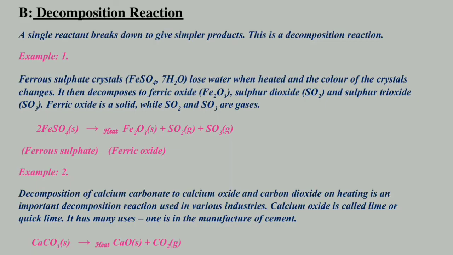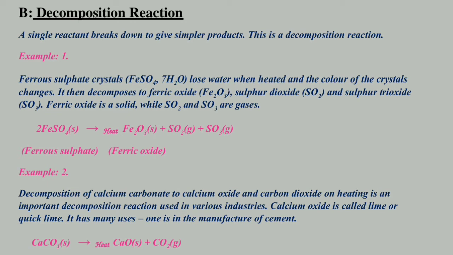Now the second reaction, decomposition of calcium carbonate to calcium oxide and carbon dioxide on heating, is an important decomposition reaction used in various industries. Calcium oxide is called lime or quicklime. It has many uses. One is in the manufacture of cement.